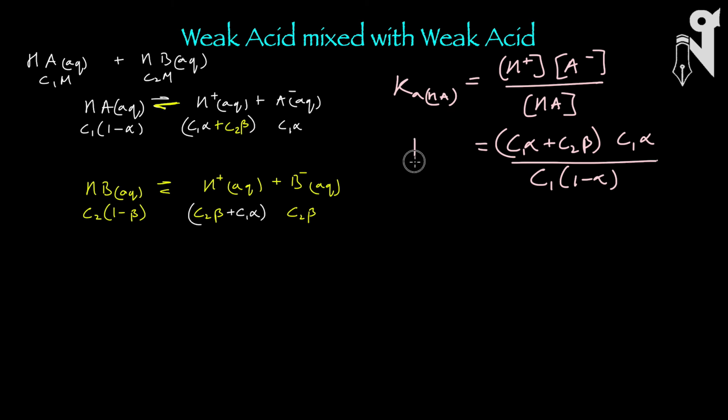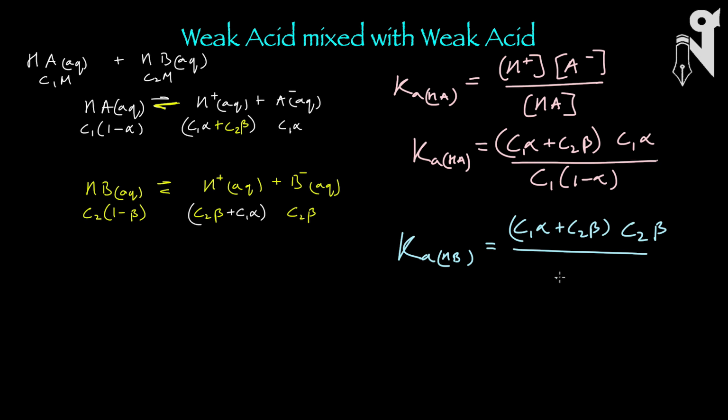That's your Ka for HA. Similarly, Ka for HB would give again C1 alpha plus C2 beta, that is the hydronium ion concentration, multiplied with your B minus concentration, which is C2 beta, upon C2 times 1 minus beta.